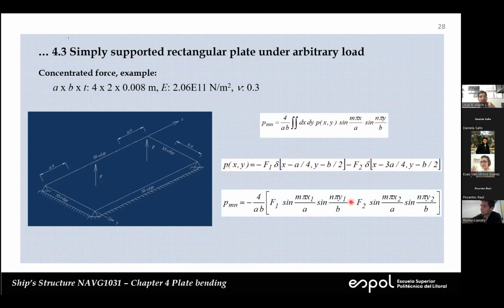This is the result that we have. So we have x1, y1, that's this point, and x2, y2, this point here. And F has units of force, the delta has units of 1 over length squared, so force over length squared.